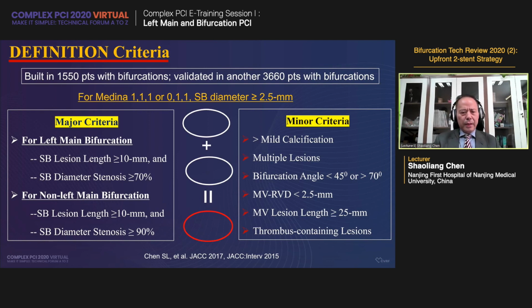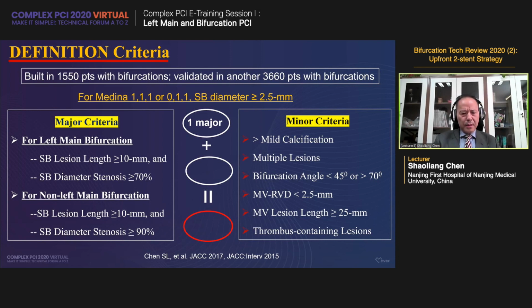Finally, for the definition criteria, the general requirements are Medina 111 or 011 bifurcation lesions, and a side branch diameter of minimum 2.5 mm. For any lesion, whether at the distal left main or non-left main, the same requirement applies: side branch lesion length minimum 10 mm.